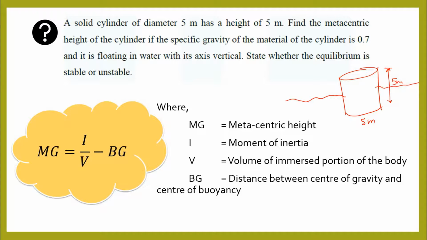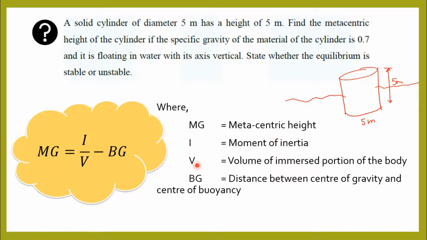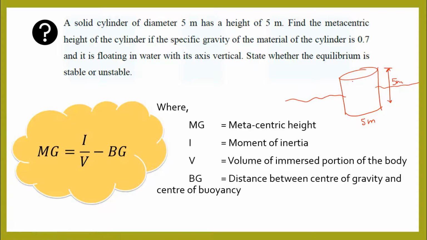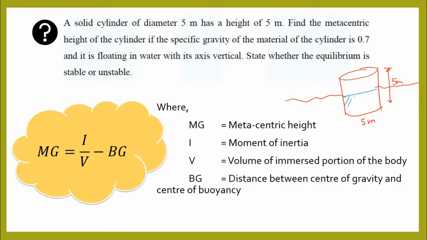First, you must know the equation of metacentric height. Metacentric height can be calculated using the equation I by V minus BG, where I is the moment of inertia and V is the volume of the immersed portion of the body. So here, let's say only this much portion is immersed.